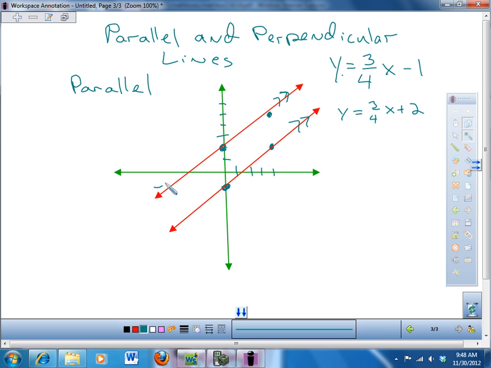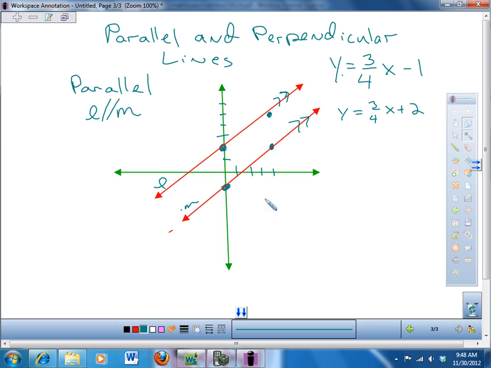Sometimes lines are named by letters, often cursive letters, so line L and line M. I'm not sure how to make a cursive M, so let's just call it M. Mathematically, or when you get to geometry, if you see L, M, that means line L is parallel to line M.